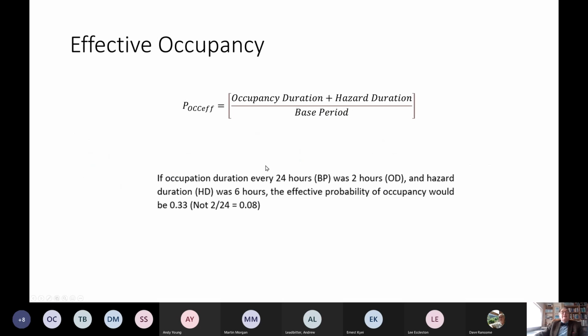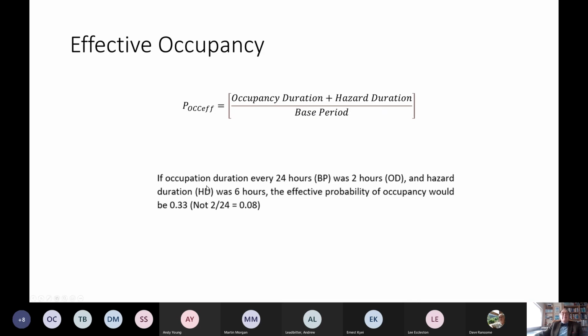We can correct for this by using this equation, which calculates the effective occupancy as a function of the duration of the occupancy, the duration of the hazard, over the base period with which the occupancy arises.